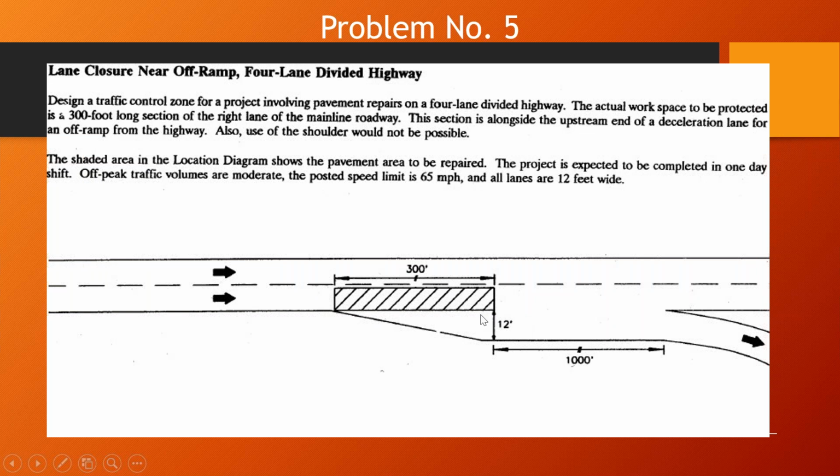But it's not going all the way through. So we might be able to leave it open, don't you think? So we need to know how to do that. So the first question is, which typical application do we use as the basis of our design for this situation?